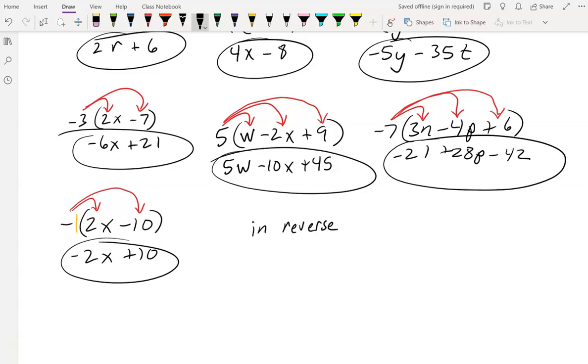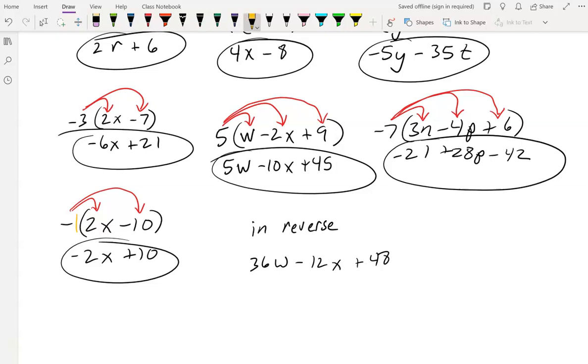For example, if I had a statement that said like 36w minus 12x plus 48. And you're like, wow, I'm going to use the distributive property in reverse. I want to find a term that is in each one of these.